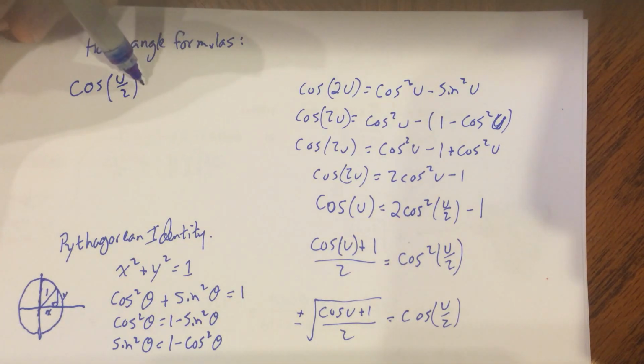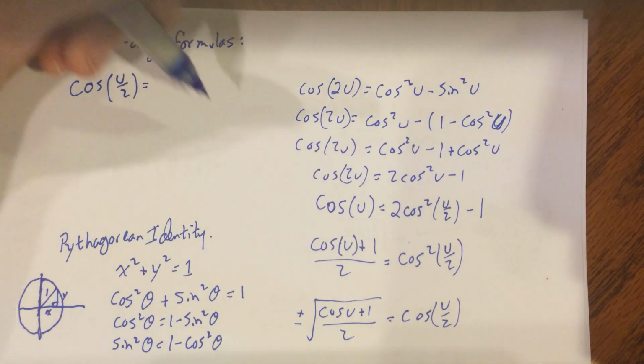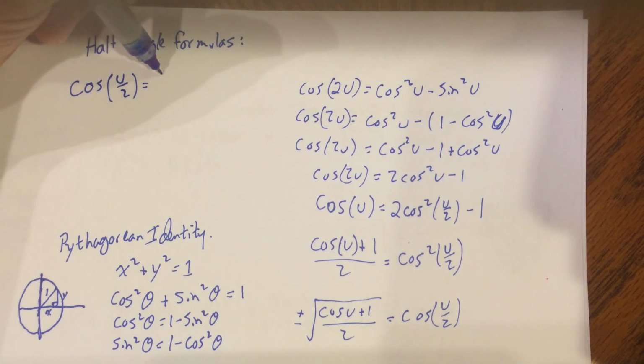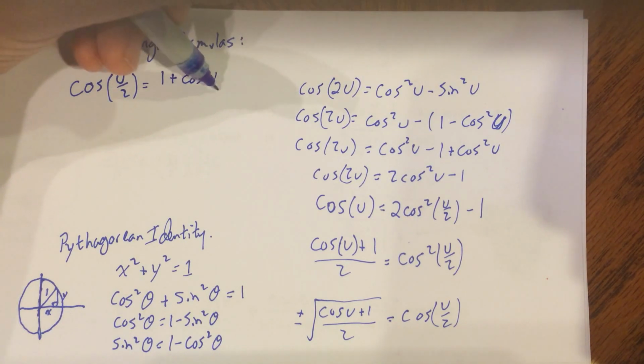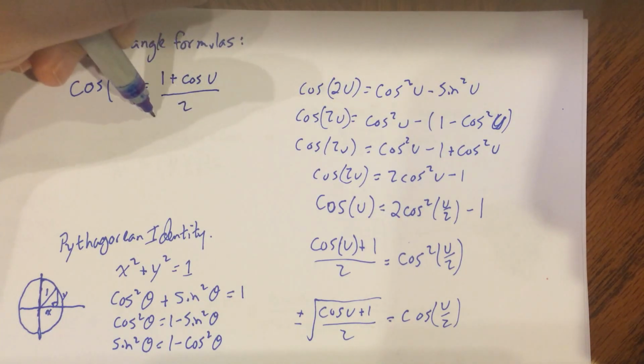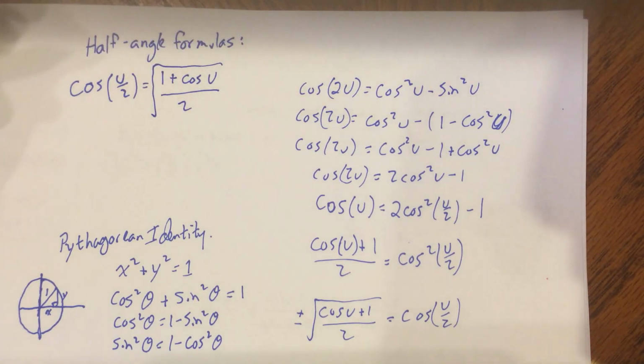Okay, so my half angle formula right here, we're actually going to write it as the square root of 1 plus cos of u over 2. The reason we're going to do that is because I can do this the other way and solve for my sine.